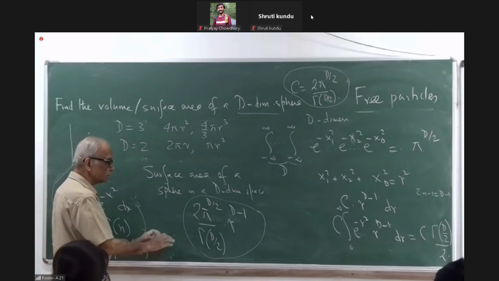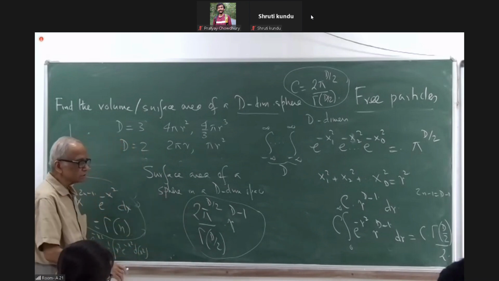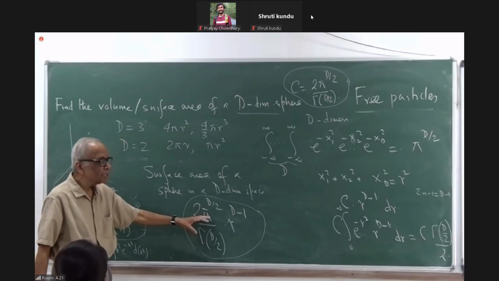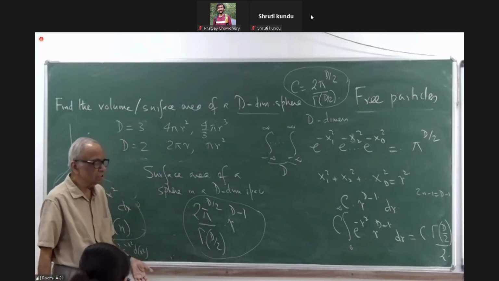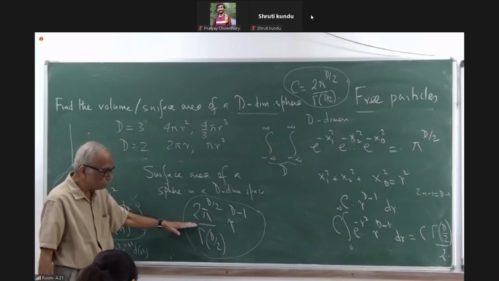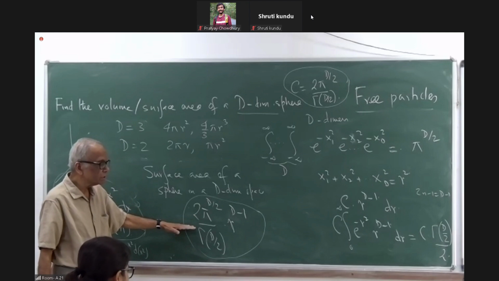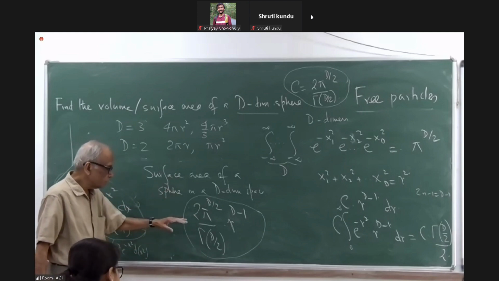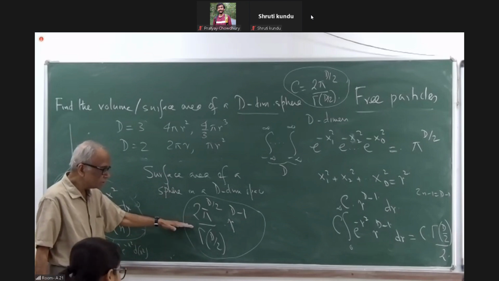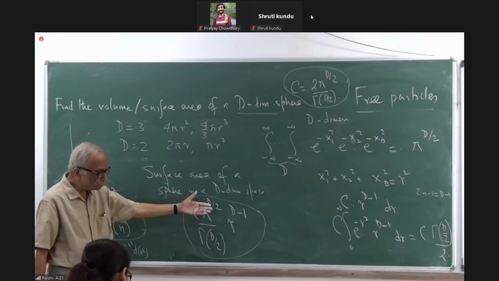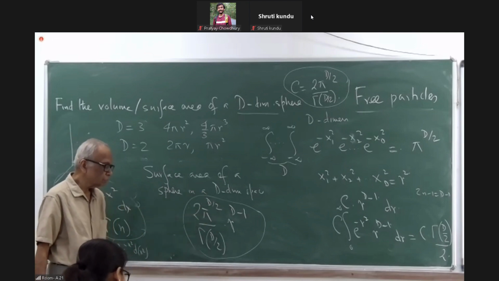And so this is once and for all. This is a formula which you would find that you would need. I mean, certainly, if you are going into theoretical physics, it would be something that you would need almost every day. So the surface area of a d-dimensional sphere is this. The volume is obtained by integrating out, and so that's that.